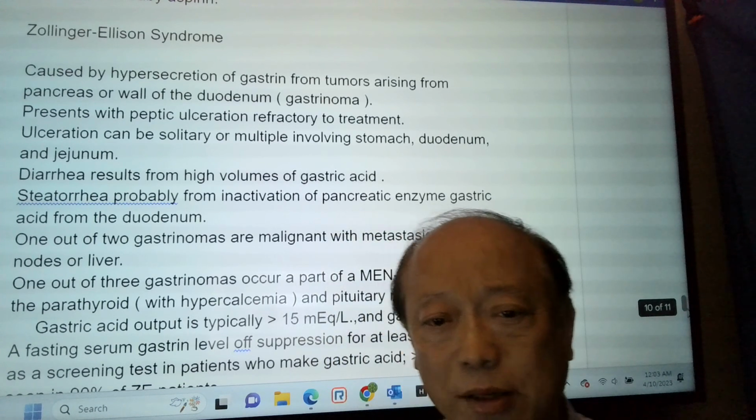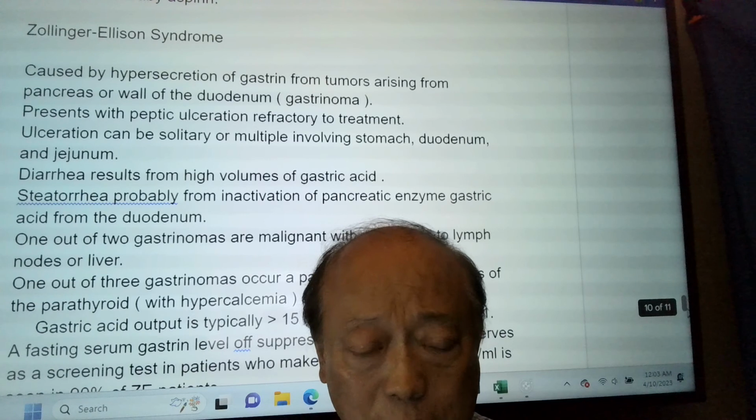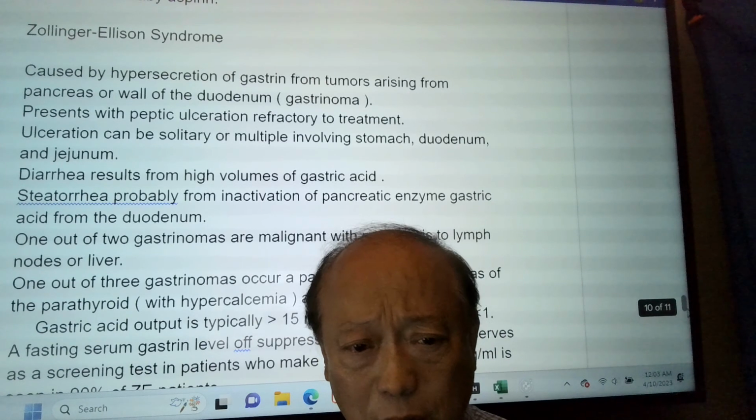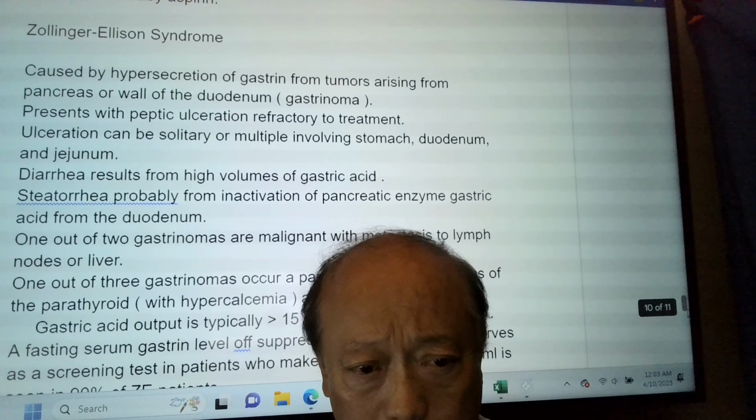Ulceration can be solitary or multiple, involving stomach, duodenum, and jejunum. Diarrhea results from high volumes of gastric acid.